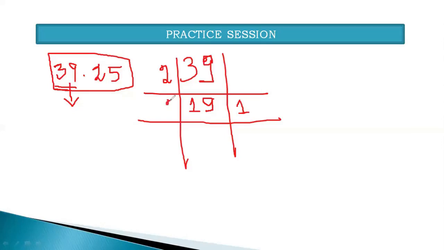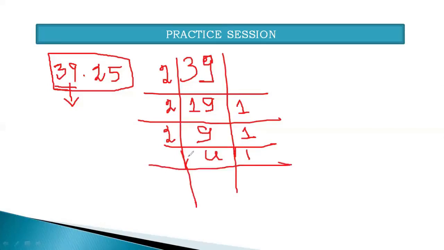One more time, 2 9s are 18, and the remainder is 1. Continue it. 2 4s are 8, and the remainder is 1. One more time. Continue the entire process. 2 2s are 4, and the remainder is 0. 2 1s are 2, and the remainder is 0.